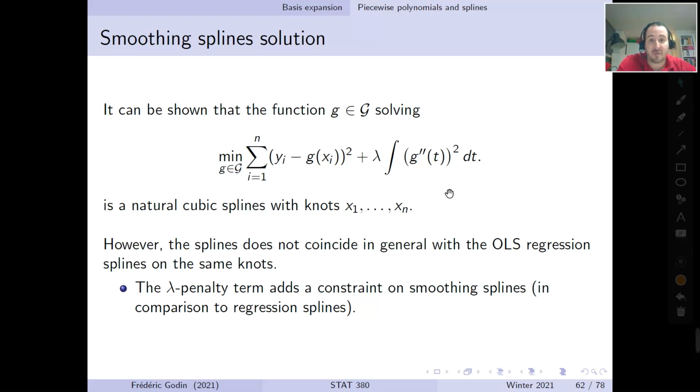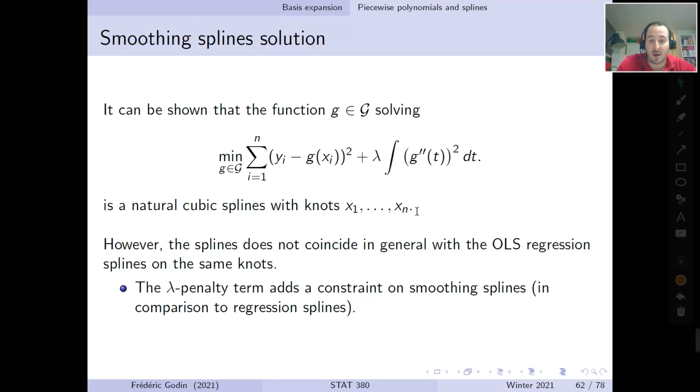It can be shown that the solution G is a cubic spline where the knots are x1 until xn. So if you want to find the most suitable G, you can restrict your search to all cubic splines which have knots x1 until xn, which are the predictors for all data points.